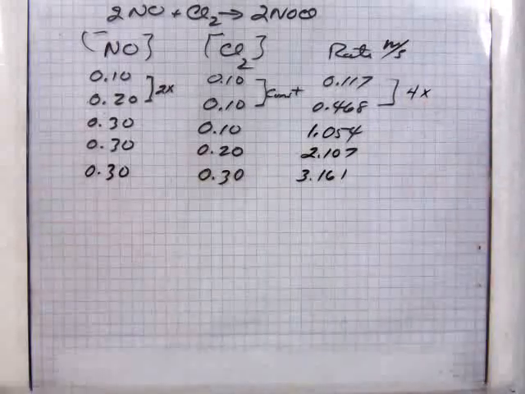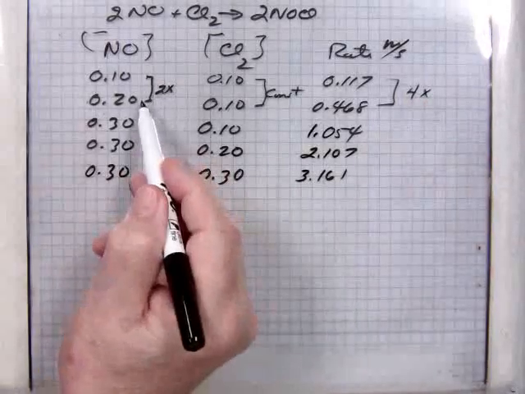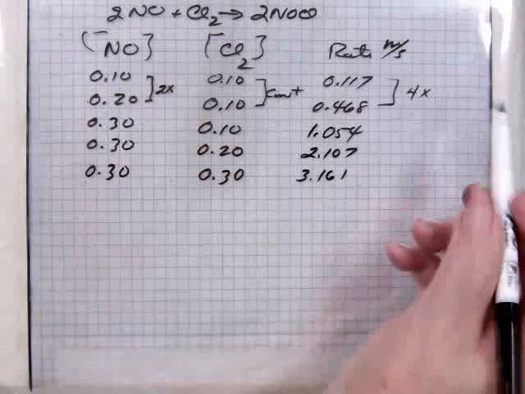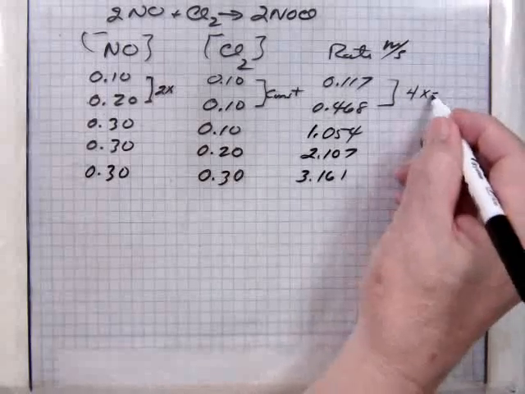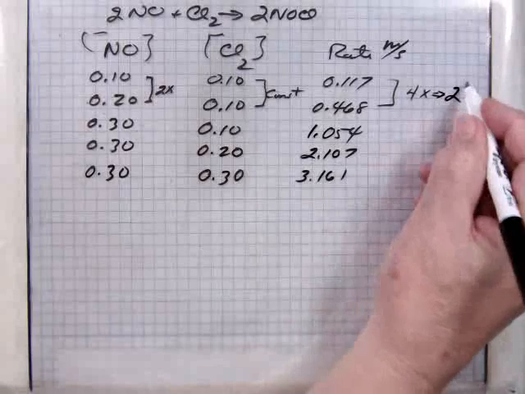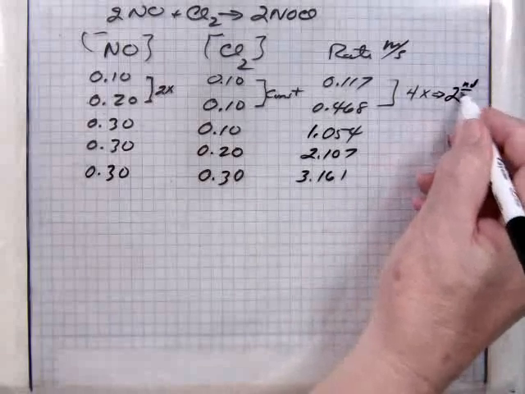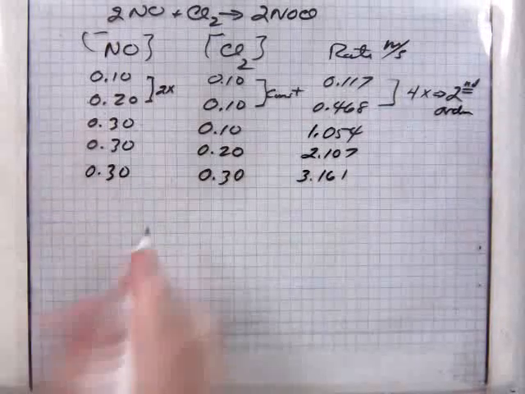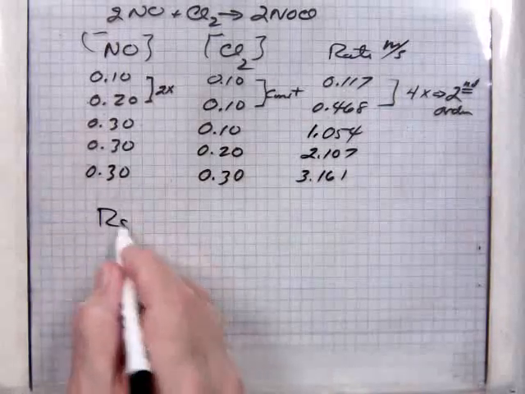That means when you double concentration here, the reaction rate jumped 4 times. Okay, that means you have a second order reaction.